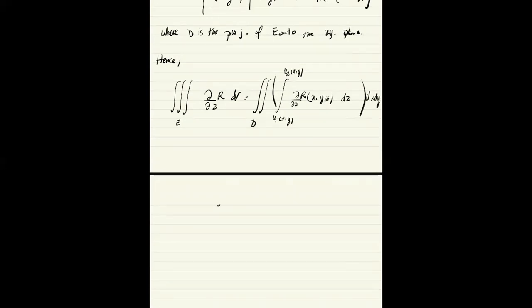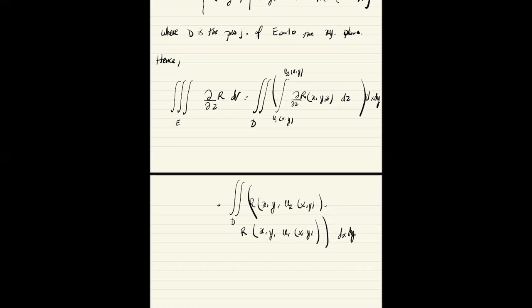Now, by the first fundamental theorem of calculus, this is R(x,y,u2(x,y)) minus R(x,y,u1(x,y)), and the whole thing dx dy.